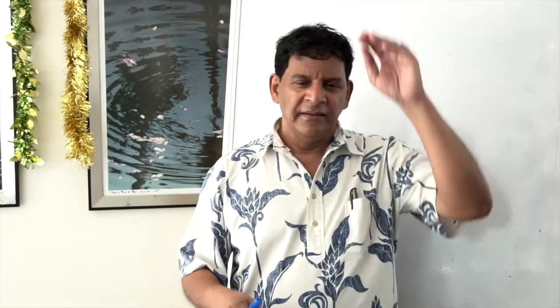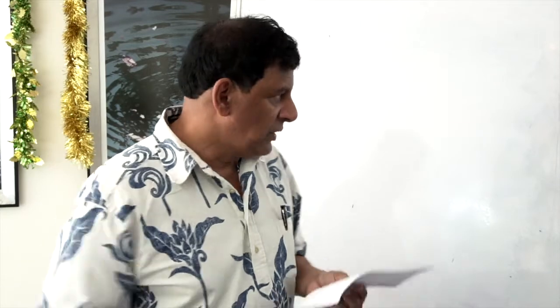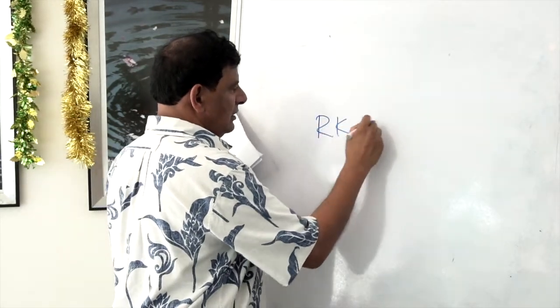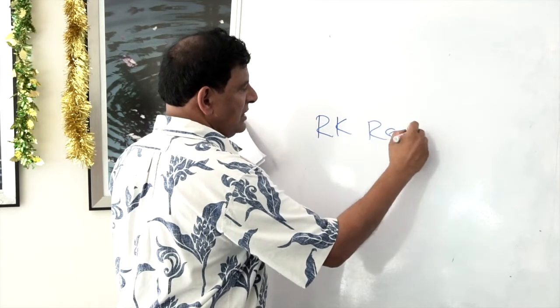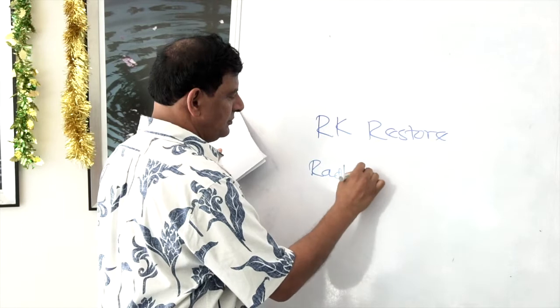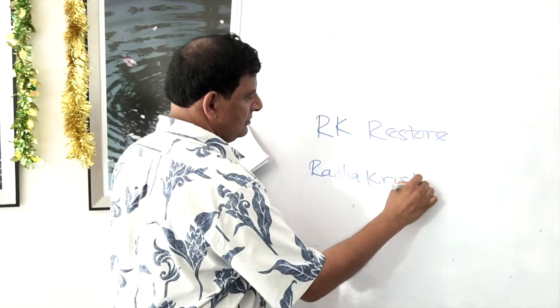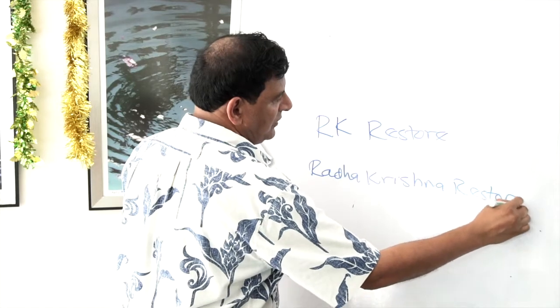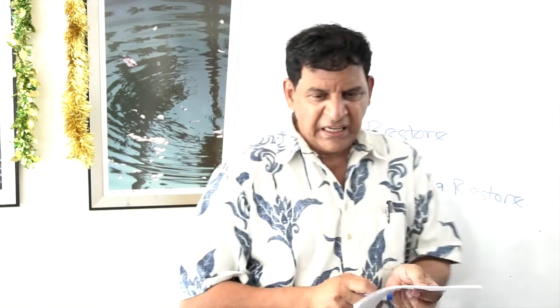So the fastest way, what I have done, with the intravenous, is to use my formulation, which is called RK Restore. The word is, for detox, RK Restore. This is a series I'm bringing in called Radha Krishna Restore. And there are 25 components which have been carefully balanced.